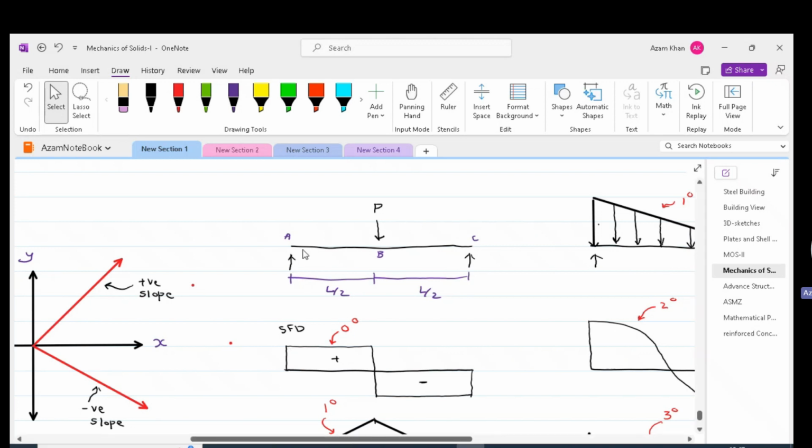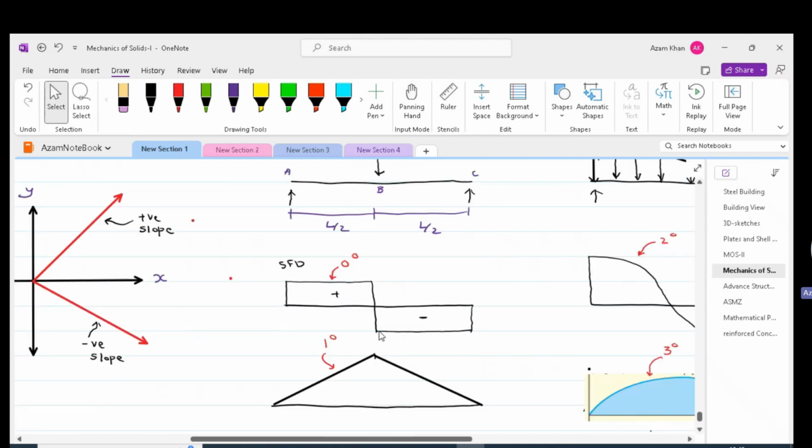We can see that there is no load in the segment AB. Thus, the shear force will be 0. Because of the discontinuity produced by the load P, we will have a sudden drop down. Again, between section B and C, there is no load. So the shear force diagram will have a 0 slope. And finally, at point C, it will come back to 0.